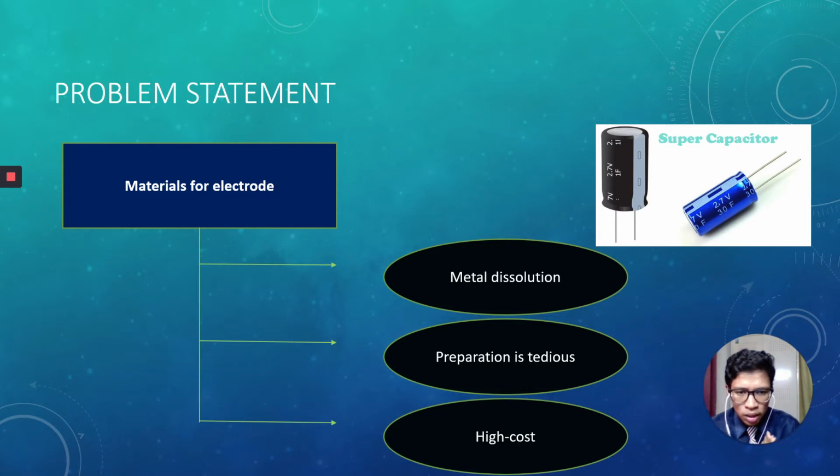Also, the preparation is tedious, which means it is difficult to prepare a metal to produce an electrode. And lastly, it is high cost. So to tackle this problem, my project will use activated carbon for the electrode.